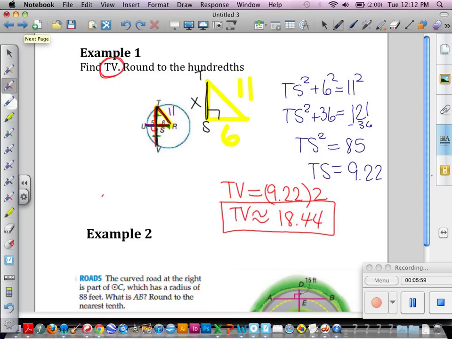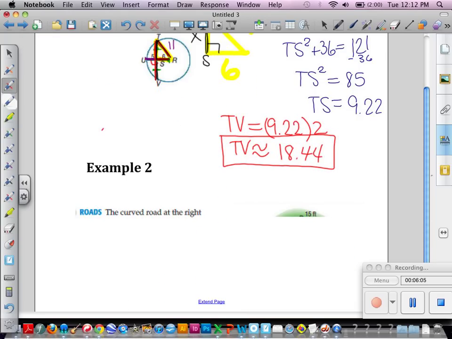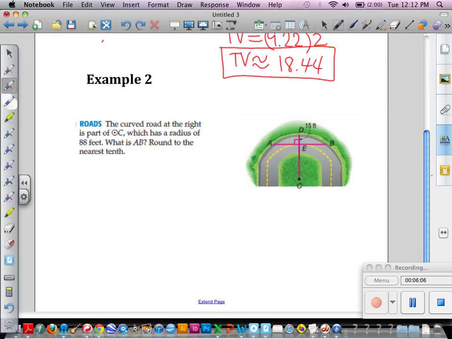Okay, let's take a look at example number 2. Roads. The curved road at the right is part of circle C. It has a radius of 88 feet. What is AB and round to the nearest tenth?